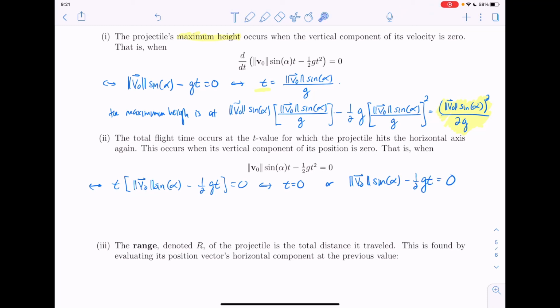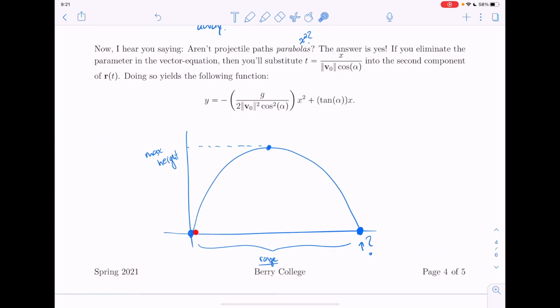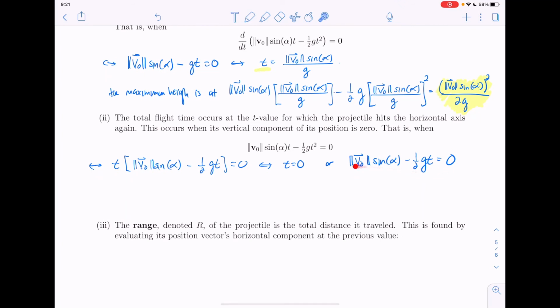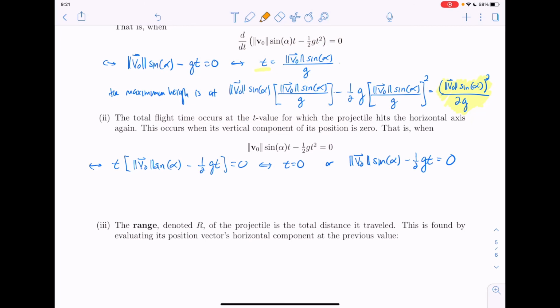And now we can observe that t equals 0 is where we started, and then as we fire and we come back down here, once we come back down here and hit the ground, that'll occur at the other t value. So it turns out that for the question of what the total flight time is, the answer is going to be whatever the solution is to this equation.